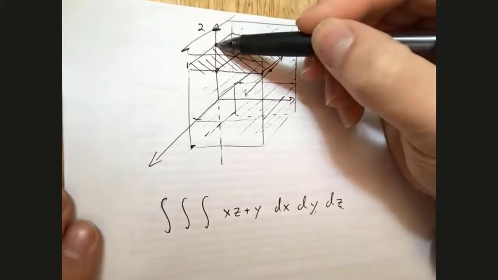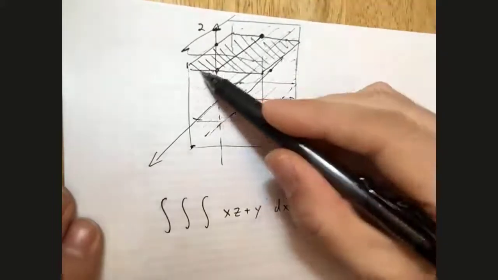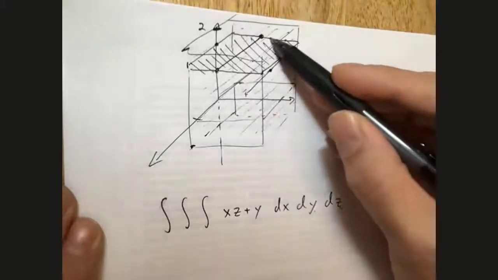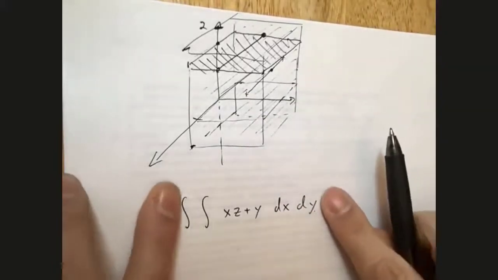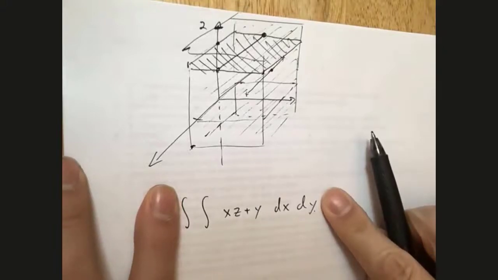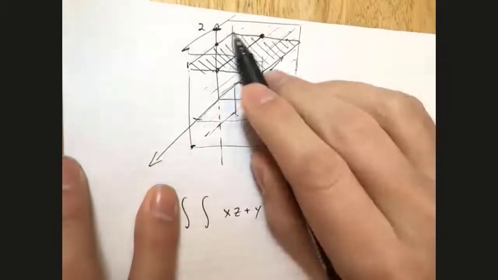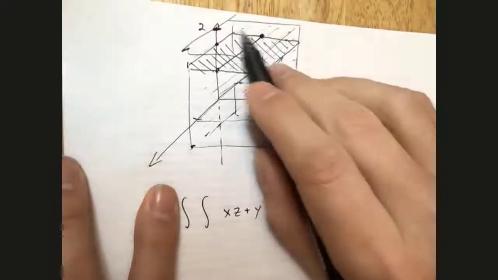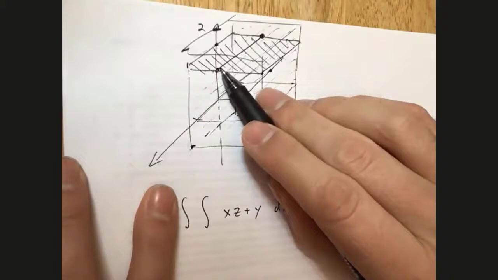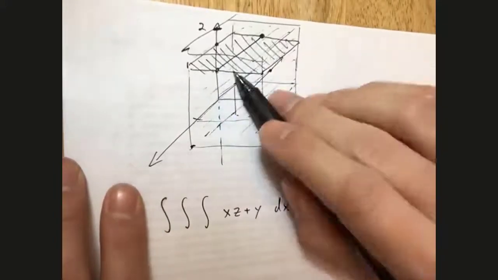I fix a z, and that prescribes for me a kind of a sheet, which is a little area. And then within that area, now we just think about it like we were thinking about the integrals in the section involving double integrals. For each y in that area, I'm integrating along an interval in x, right? So you can think about breaking it down in that way.